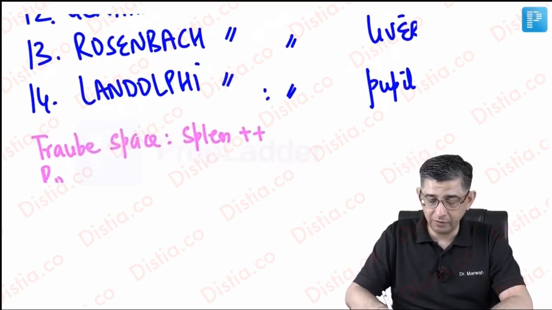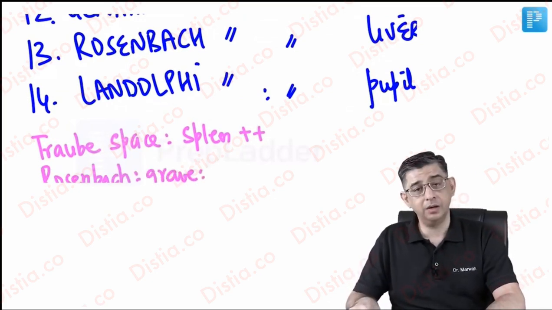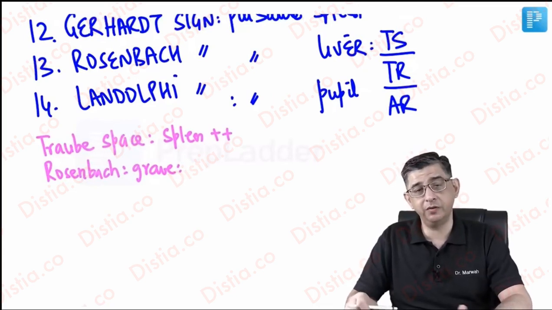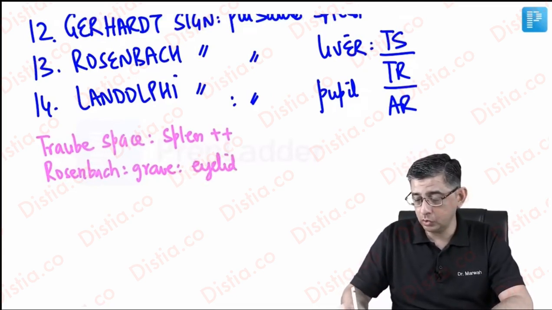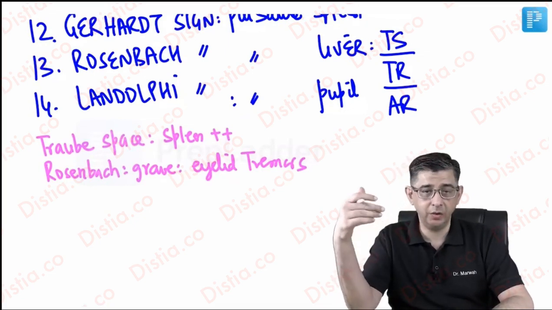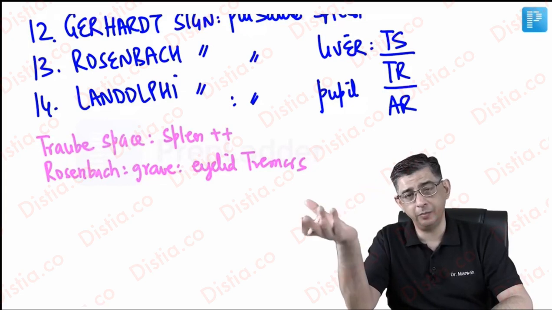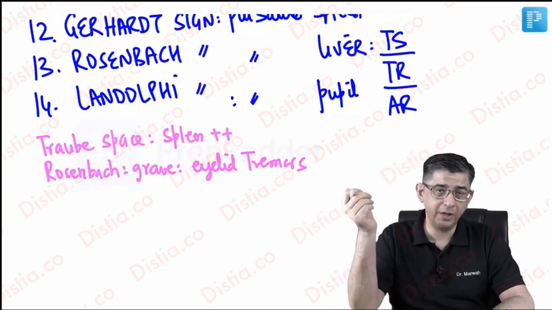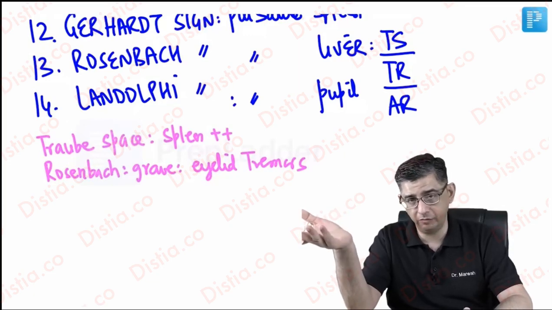And then we also have Rosenbach sign with Graves' disease. This I think you guys can comment on here also, because you do read about this in endocrinology, and this would be eyelid tremor. So two facts to be remembered, I'll repeat them for record purposes. Rosenbach sign in aortic regurgitation is pulsations of the liver, but Rosenbach in Graves would be eyelid tremors perceived in the patient. That's primarily because of sympathomimetic stimulation related to excess of T3 and T4.